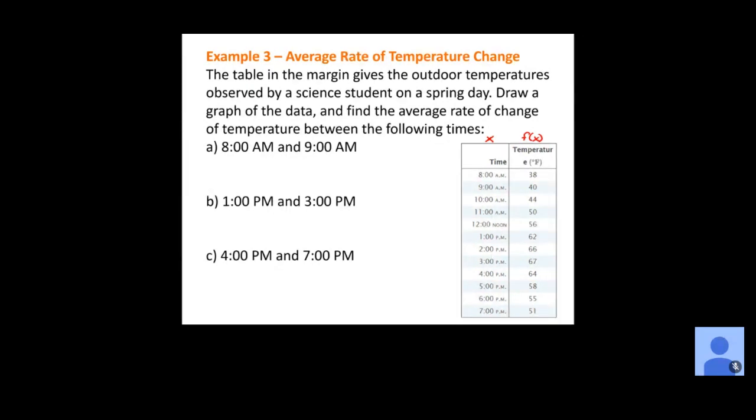All right, now once we've got that, now we're going to use that f of b minus f of a over b minus a formula that we looked at last time, right? So remember, average rate of change is f of b minus f of a all over b minus a. Okay, so in this case, what is our a value going to be for part A?